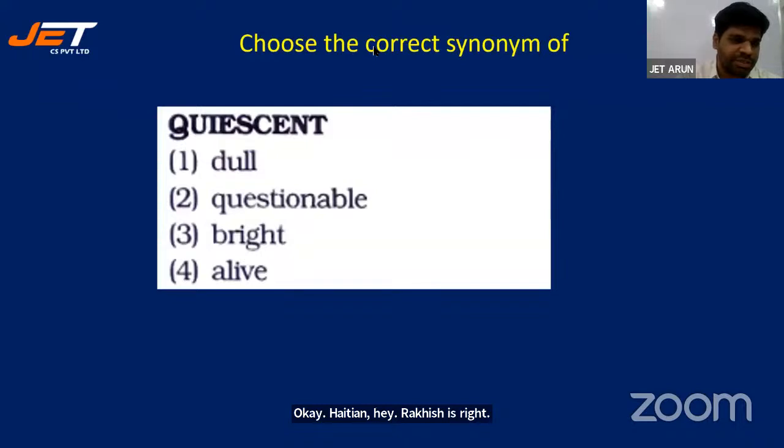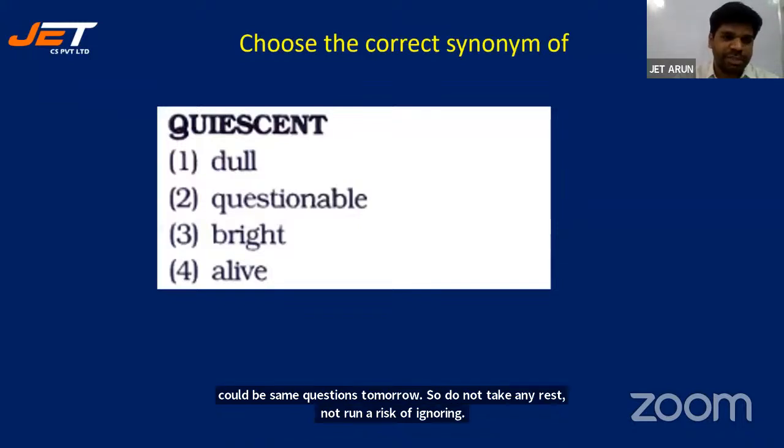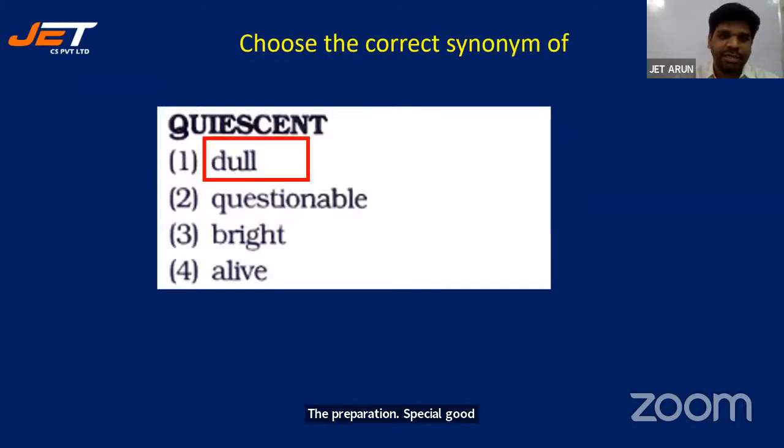Mahesh, Rakesh. That's okay, students. You're going wrong, but be careful. Correct your answers tonight itself. There could be the same questions tomorrow. So do not take any risk. Do not run a risk of ignoring the preparation. Let's look at the key students. It's dull. All right. Let's go for the next one.